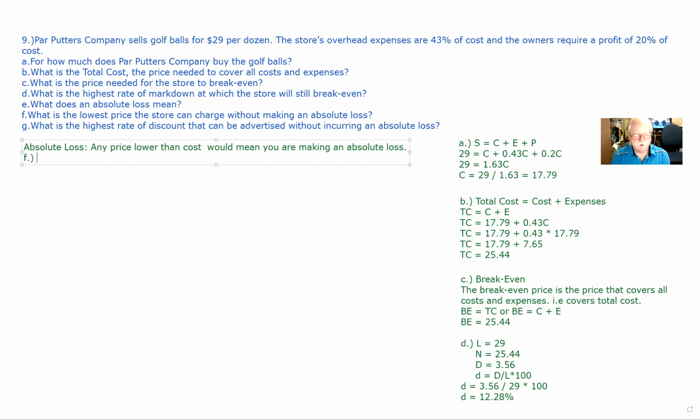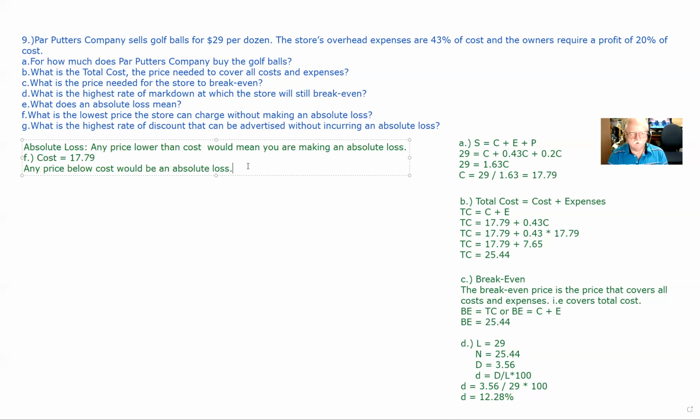Is the answer to F. The lowest price they could charge would be cost, which we've decided was 17.79. Any price below cost would be an absolute loss.